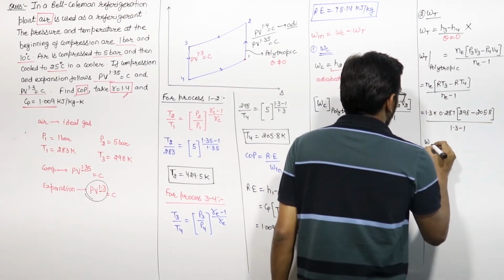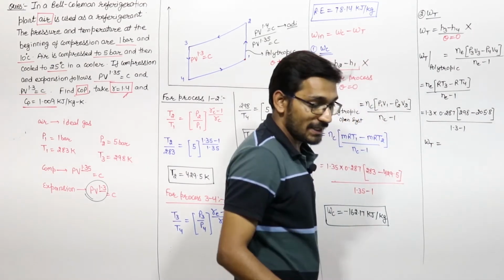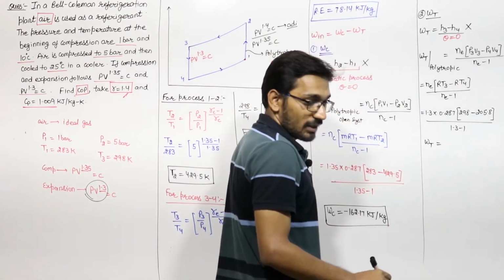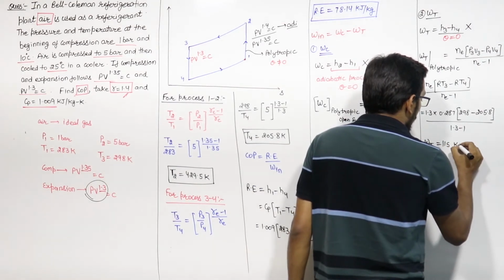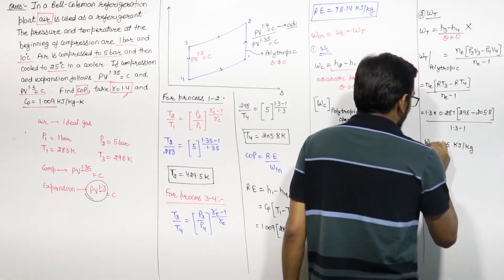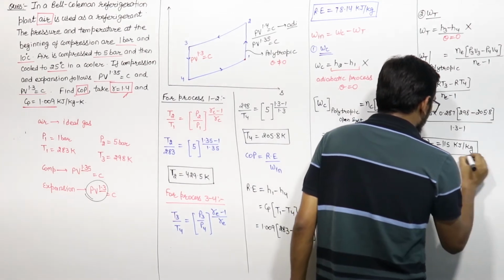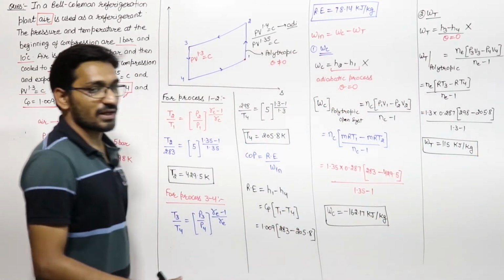So the work done by the turbine comes out to be 115 kilojoule per kg. This is positive. Why positive? Because this is work done by the system.